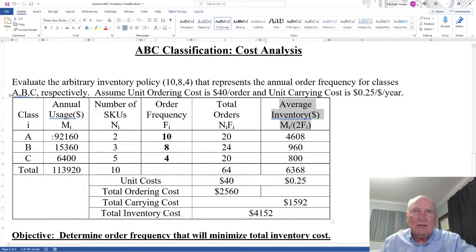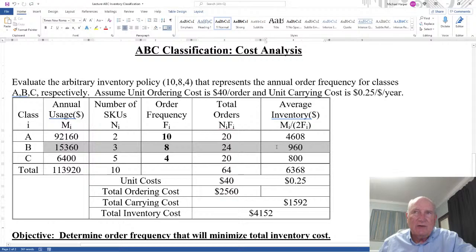So this 92,160 divided by 10 divided by 2 equals my average inventory. This comes right out of the fundamental equations and relationships of inventory theory, where the dollars is your demand D, here's your frequency F, and then D over F divided by 2 is your average inventory. So you do that for each one of these.